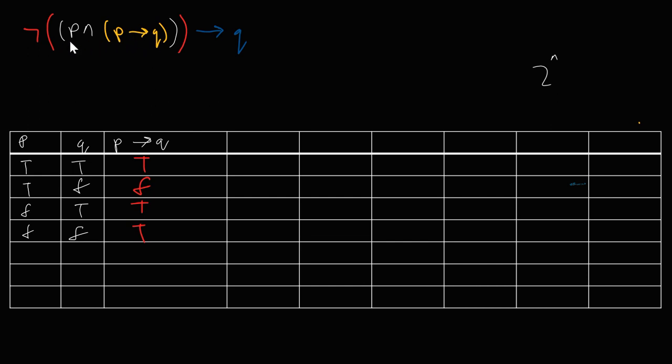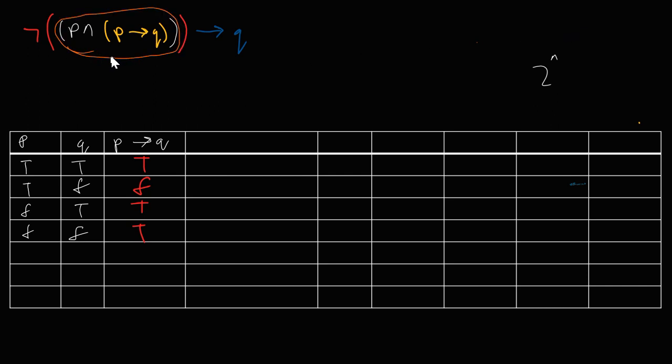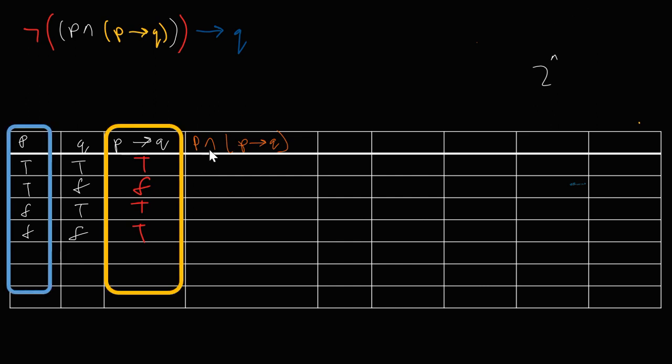the yellow part. Let's look at what is in white brackets. If we look at this part that we are going to test now, it's like P and P implies Q. So we look at P, which I just highlighted, and this is P implies Q. For this statement to be true, both of them need to be true.